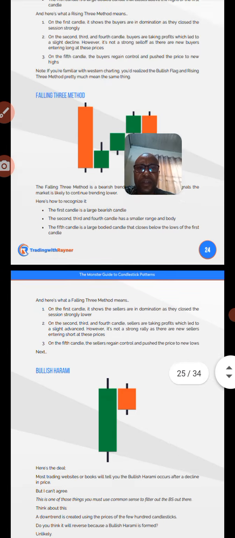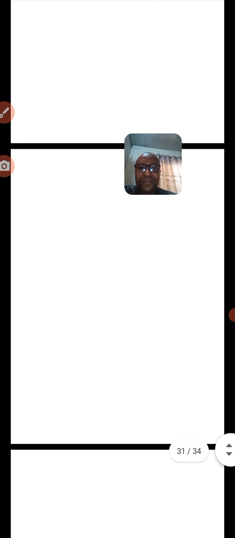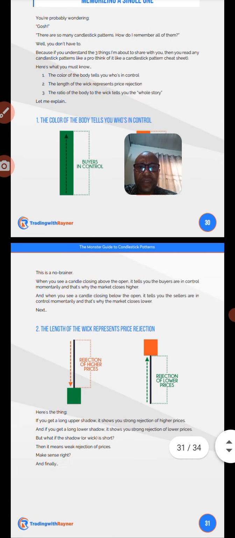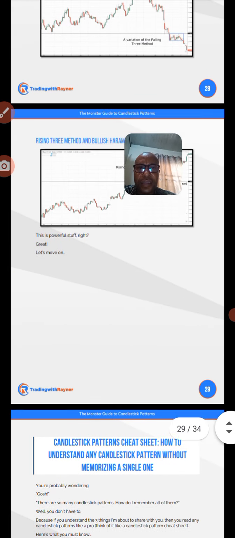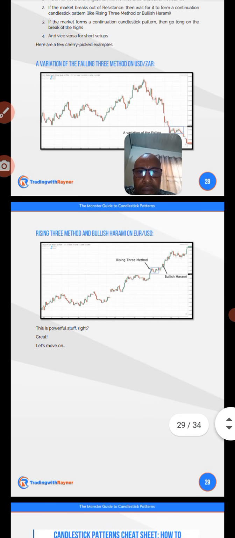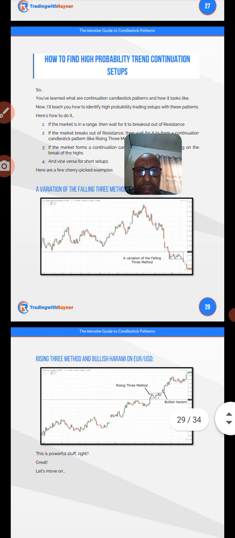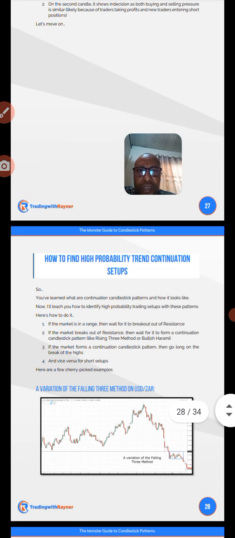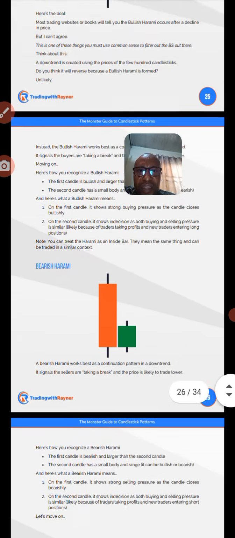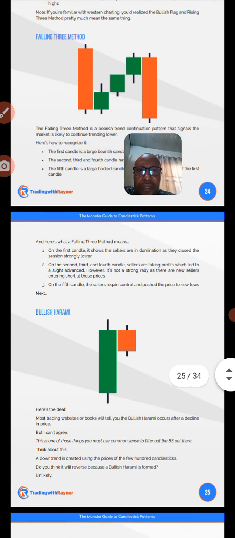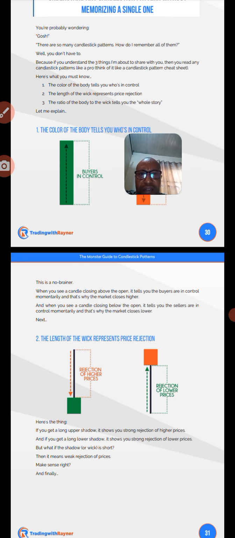There are other candles that are very important to our trading. Let me look at another candle that is very much important for our trading.